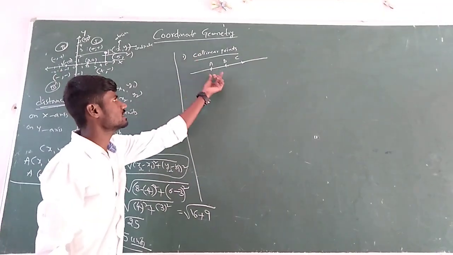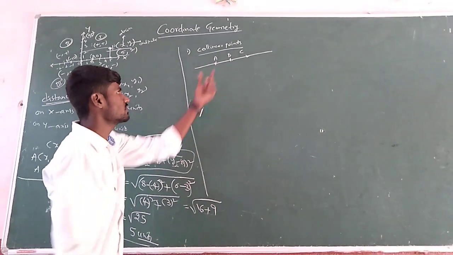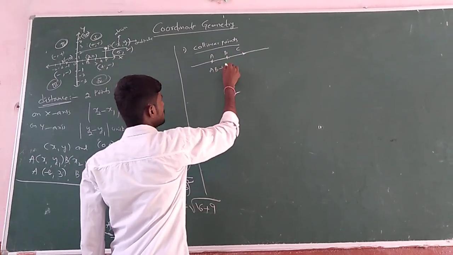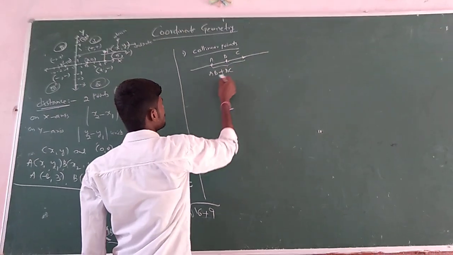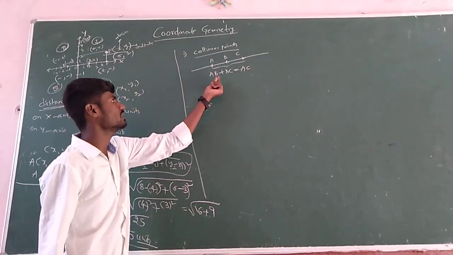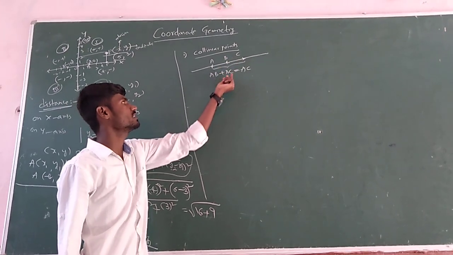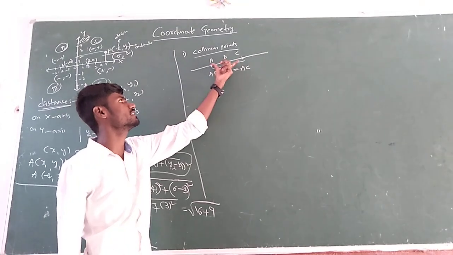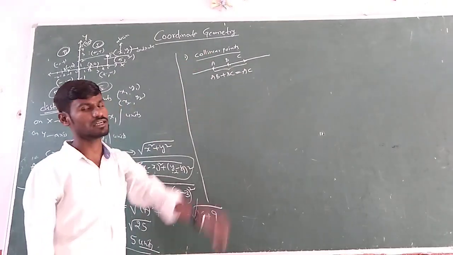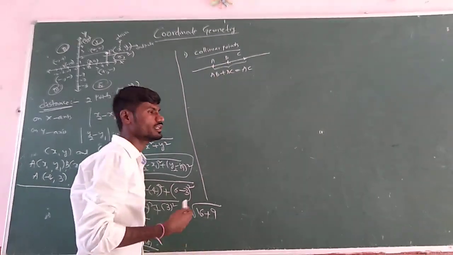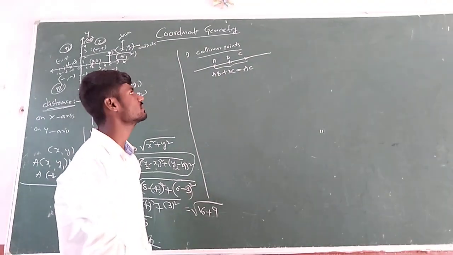So what is the collinear concept? If you see our visual, AB plus BC is nothing but the entire AC. If you find the distance between AB and BC, and add them, and we get the distance between A and C, then we can say they are collinear points. This means we can prove whether given points are collinear or not with the help of the distance topic.